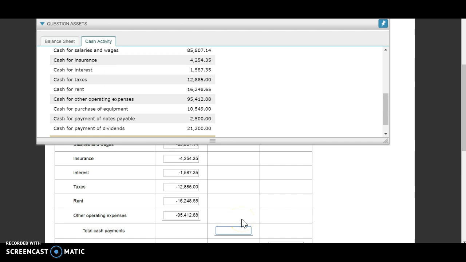We should get our total cash payments of $591,818.91.